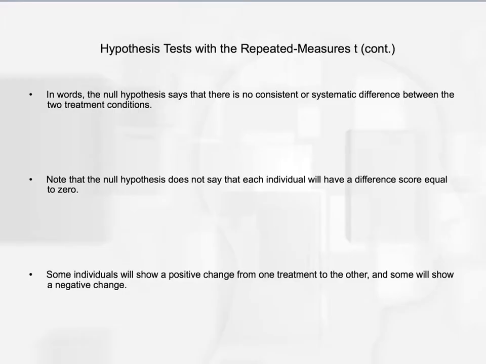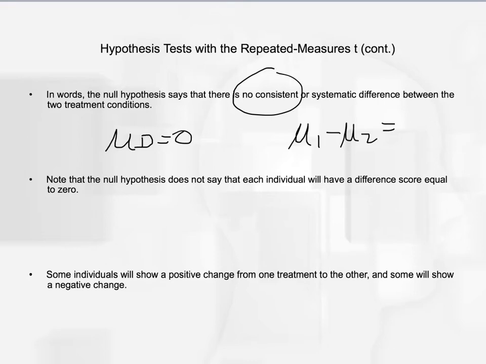Your null hypothesis is saying that there is no consistent or systematic difference between the two treatment conditions. The population parameter of difference scores will equal 0. In the previous chapter, our null hypothesis was that the mean of group 1 minus the mean of group 2 equals 0.